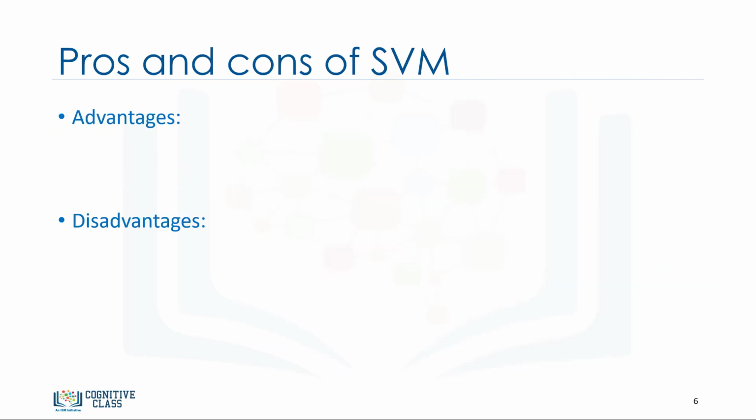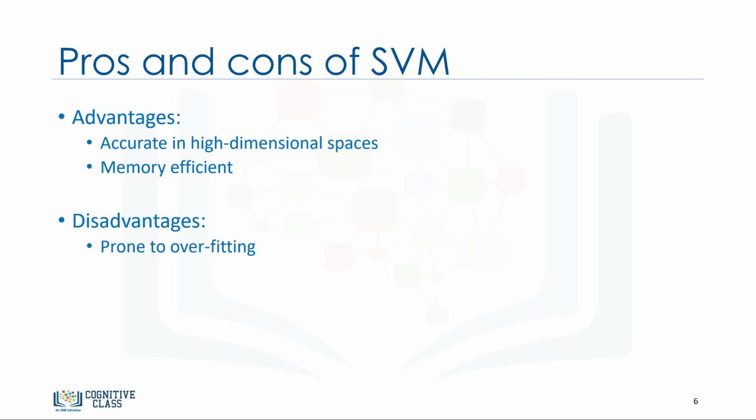The two main advantages of support vector machines are that they're accurate in high-dimensional spaces, and they use a subset of training points in the decision function, called support vectors, so it's also memory efficient. The disadvantages of support vector machines include the fact that the algorithm is prone to overfitting if the number of features is much greater than the number of samples.